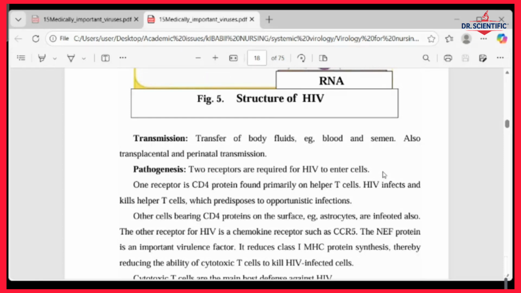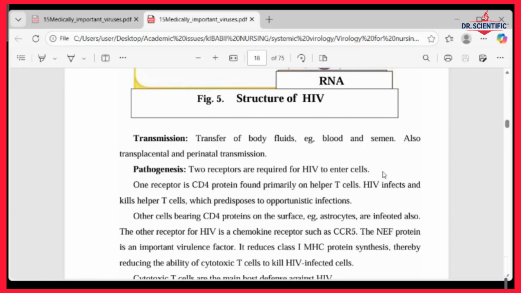So if you are doing analysis and you find this CD4 cell count is low, it tells you the helper T cells, much of them, have been affected, and therefore your immune system is getting compromised. So this HIV affects and kills helper T cells, which predisposes the person infected to opportunistic infections.